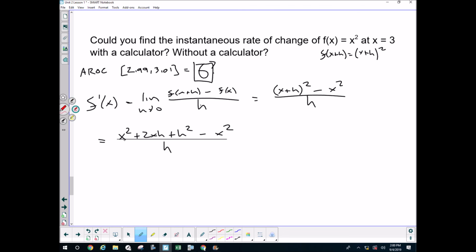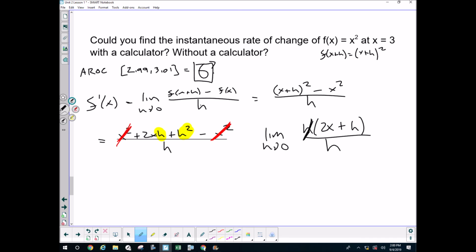The x squareds will cancel. The remaining terms have an h in them that I will factor out. So I will be finding the limit as h approaches 0 of h times 2x plus h over h.